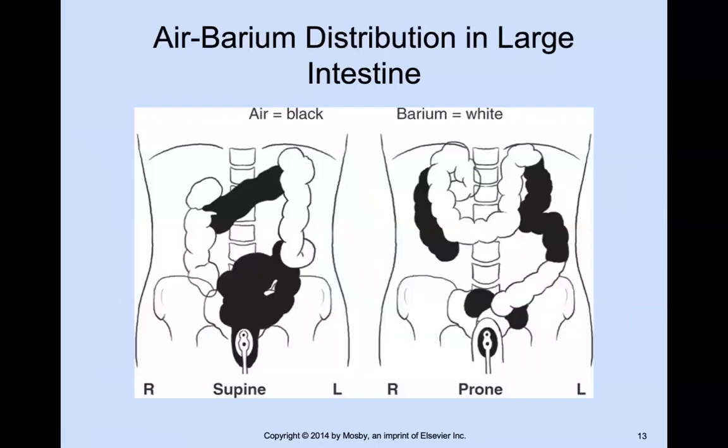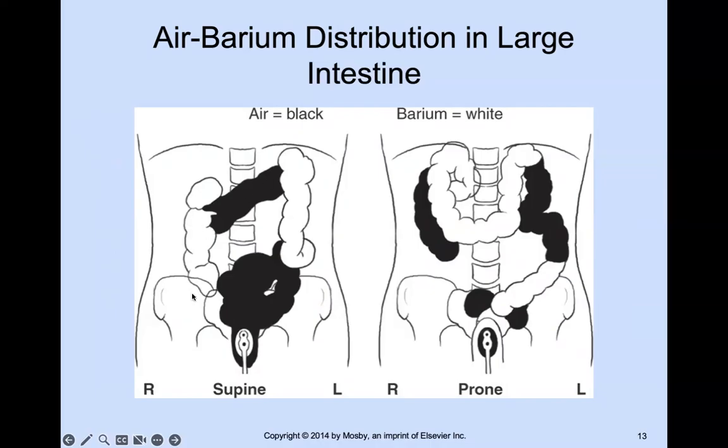So this is the air barium distribution diagram here. Okay, so this is for double contrast if your patient has air and barium. So your patient is supine. Remember, I said that the ascending and descending colon are more posterior, closer to the spine. So barium is white, air is black.